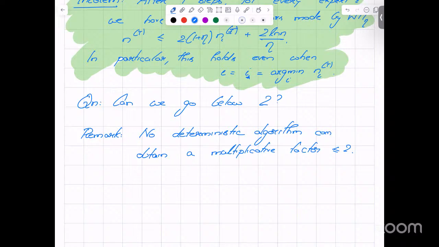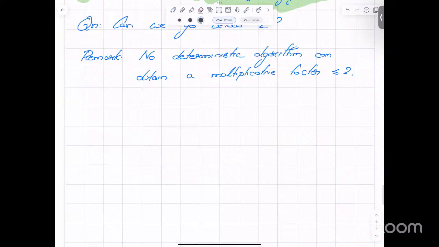So what we will now do is actually ask if randomness can help. The question is, can randomness help? And the answer is going to be yes.